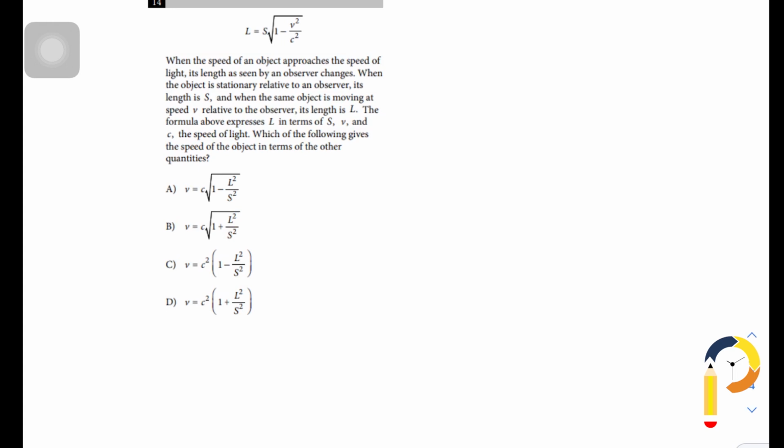This is actually a science question, but you do not require any science knowledge to solve this. What you need is the formula that is given to us, and then from this formula you need to find v in terms of the other quantities.